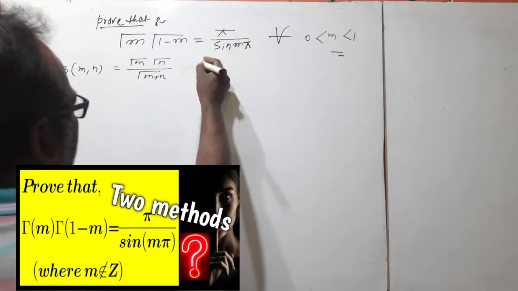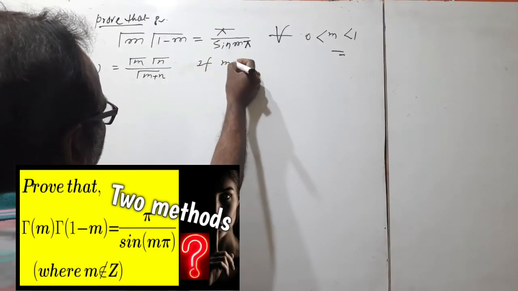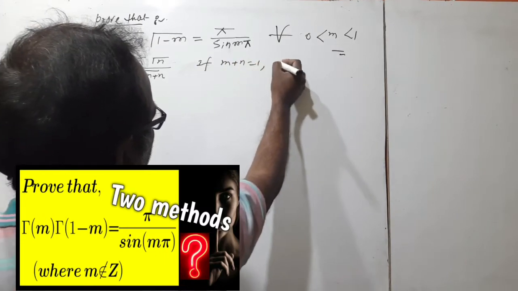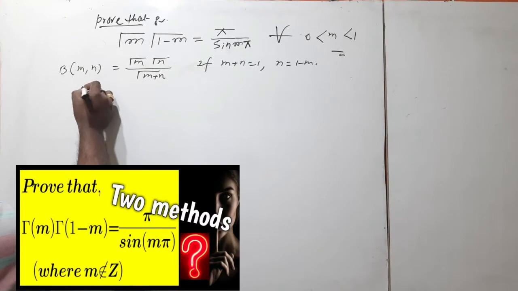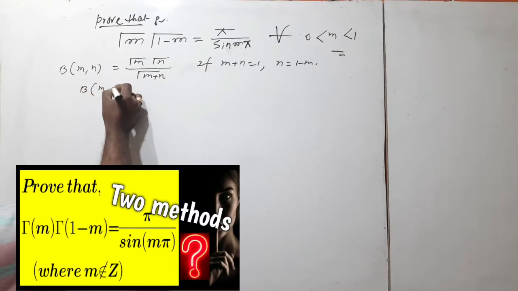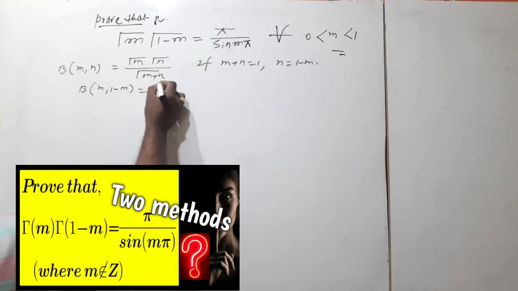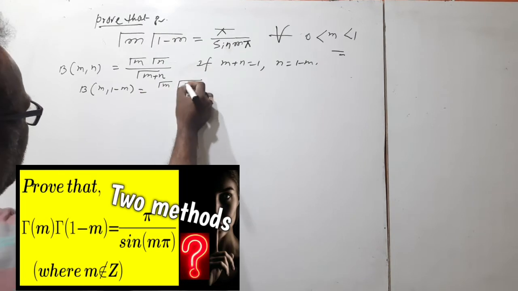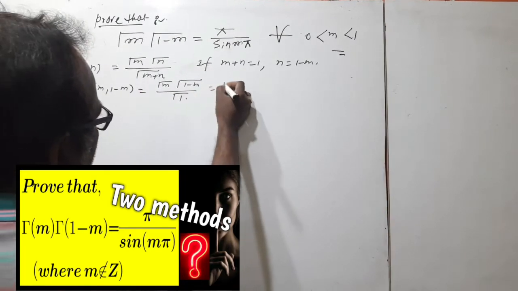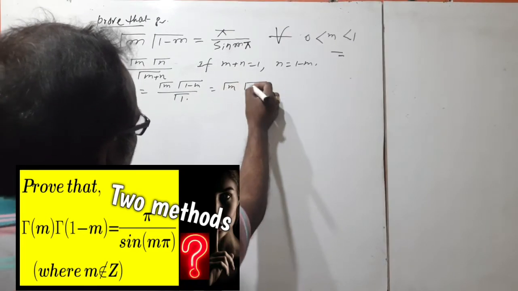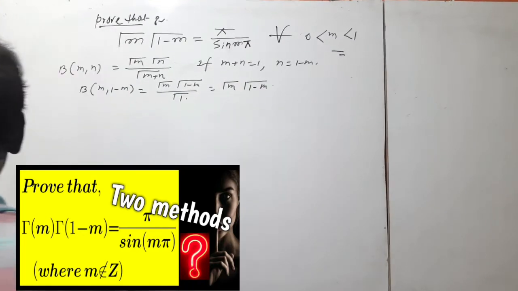Here, if m plus n is equal to 1, then n is equal to 1 minus m. Therefore, beta m comma 1 minus m is gamma m gamma 1 minus m over gamma 1. Gamma 1 means 1. So it is gamma m into gamma 1 minus m.